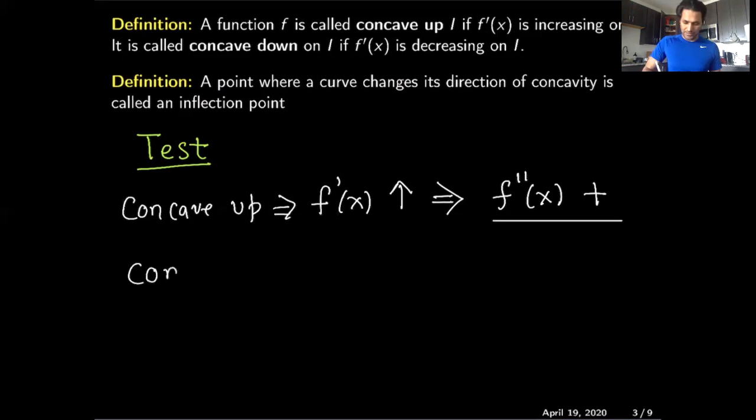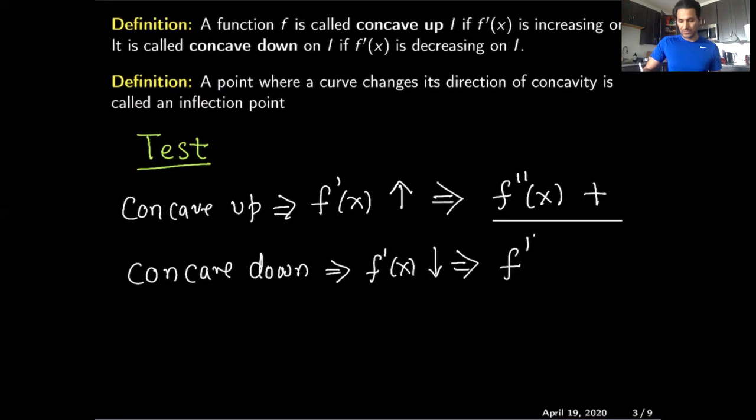Similarly, concave downward implies the derivative of the function is decreasing, and this implies the second derivative, because one more derivative of this function is the second derivative of the original function, is negative.